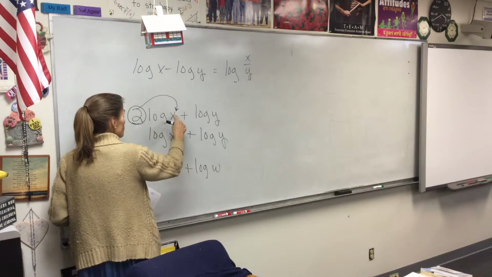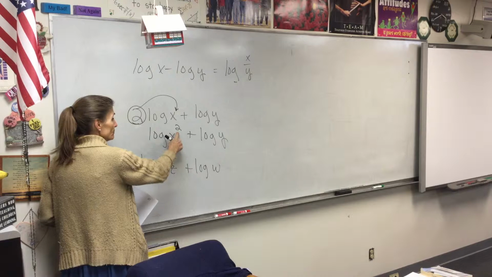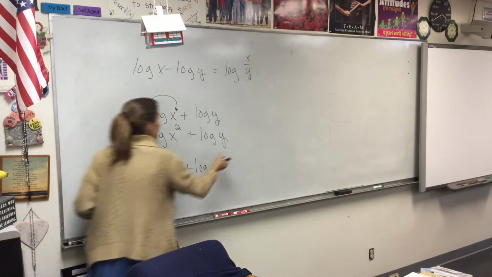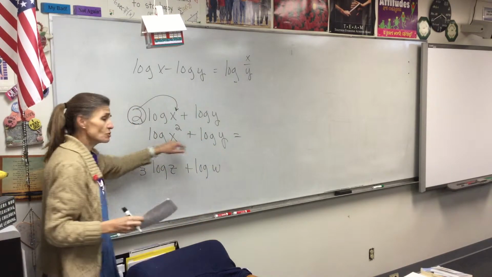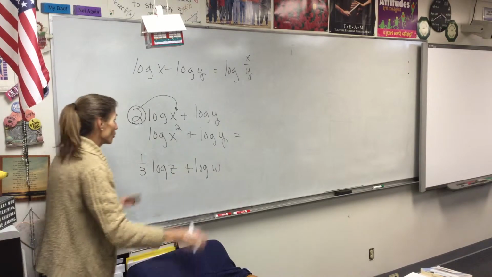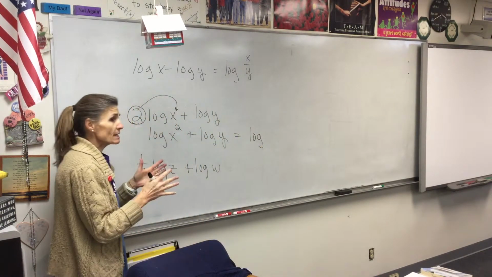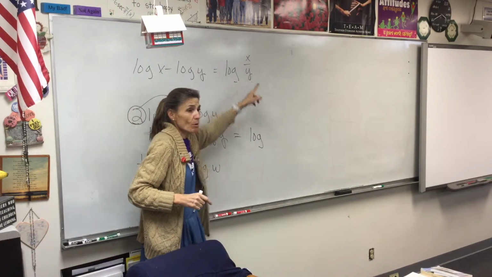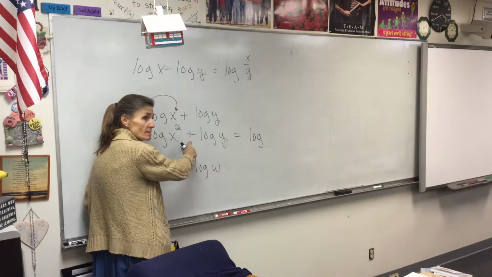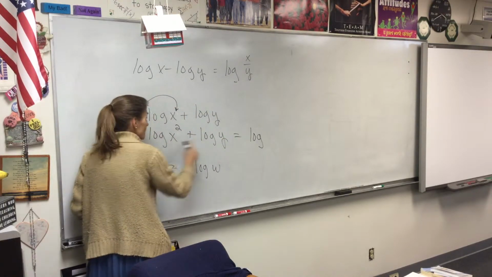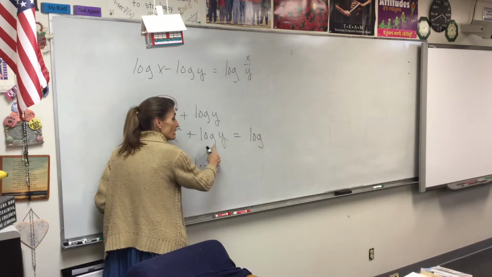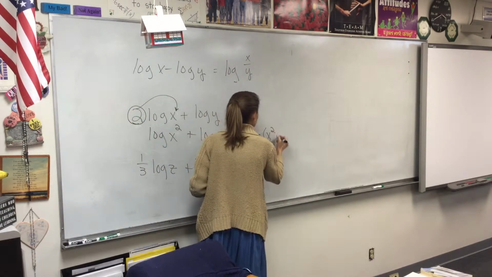So this 2 becomes a square. Now, these two logarithms are going to get put together. But they're not going to get put together as a division problem because that's a plus sign. Guess how these are going to be put together? As a multiplication.